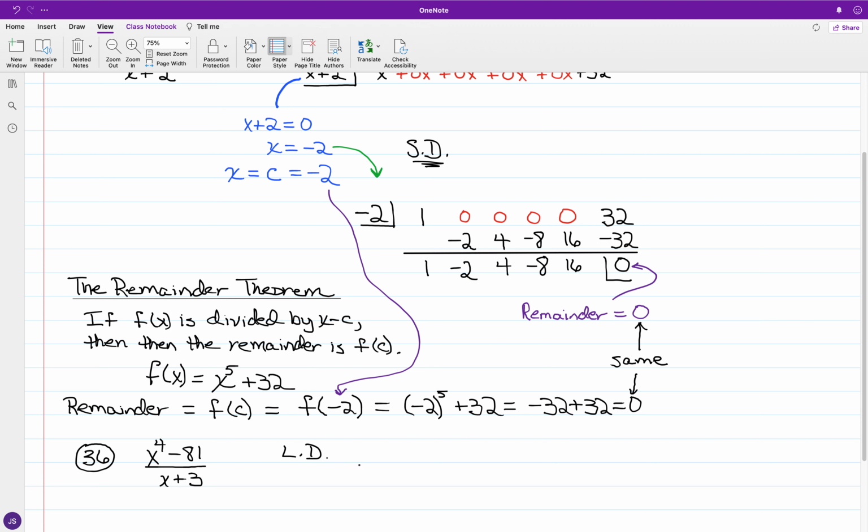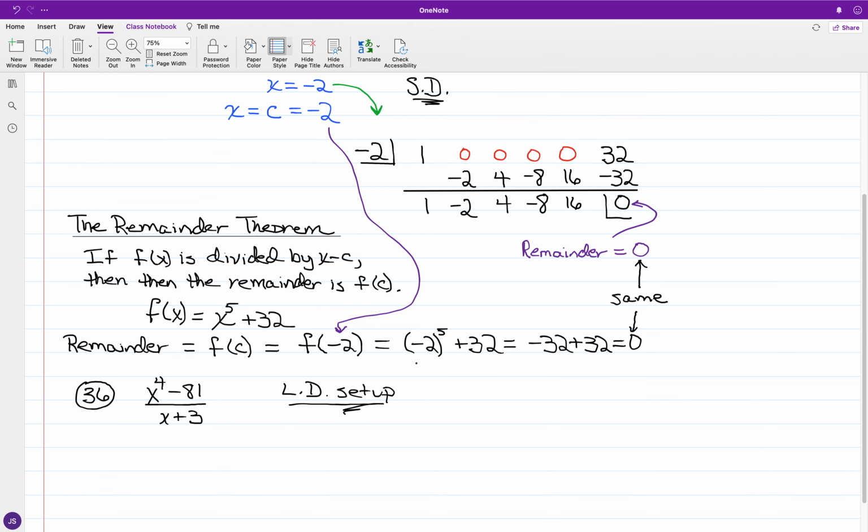Once again, for the long division setup, the reason I'm doing this is to make sure I'm not missing any necessary 0 placeholders in case there are missing degree terms in x. So we have x plus 3. Again, we have x to the 4th, and again, you have a void between x to the 4th and negative 81.